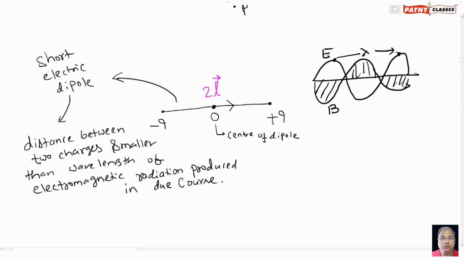What do you understand by short electric dipole? A short electric dipole is when the two charges are placed such that the distance between the two charges is smaller than the wavelength of electromagnetic radiation. Such an arrangement of two equal and opposite charges is called a short electric dipole.